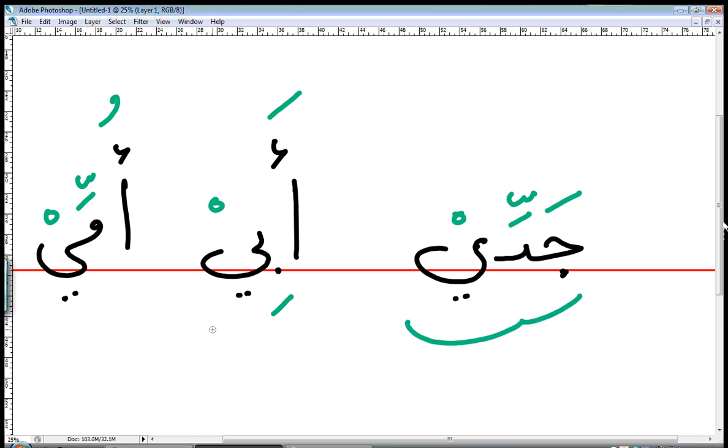We have abi. This is a ba, by the way, connected to the ya. We sometimes do it like this. So it's abi. Here it's a meem connected to a ya, but we have a shadda, so we have double meems.